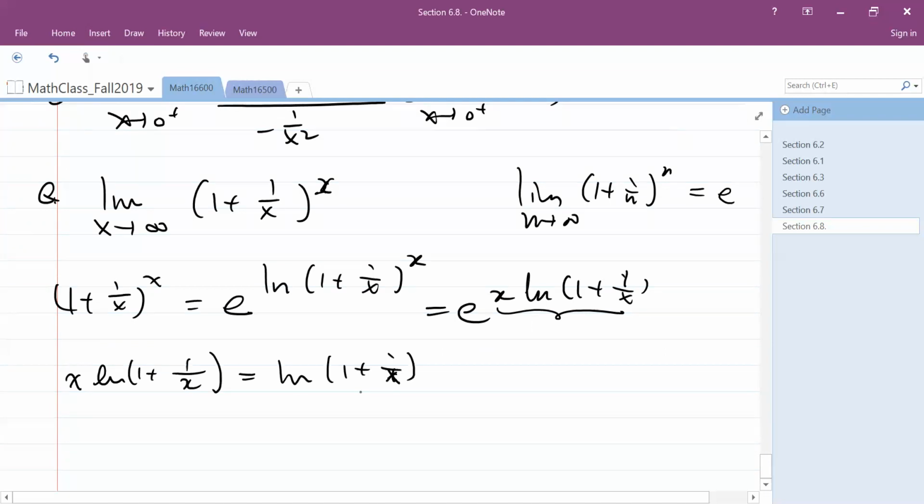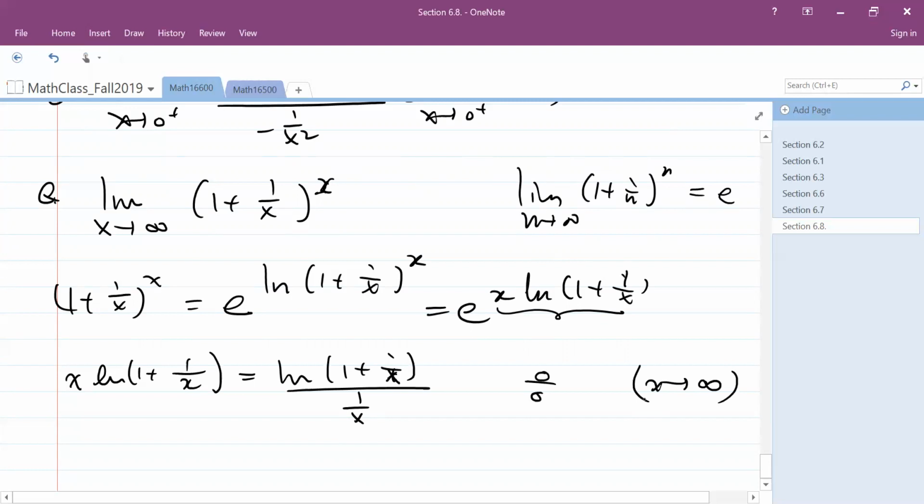That's a standard way to do that, right? Let's see what type this is. I think this is 0 over 0 type, because as x approaches infinity, the numerator approaches natural log of 1, which is 0. The denominator approaches 0. It's 0 over 0 type.